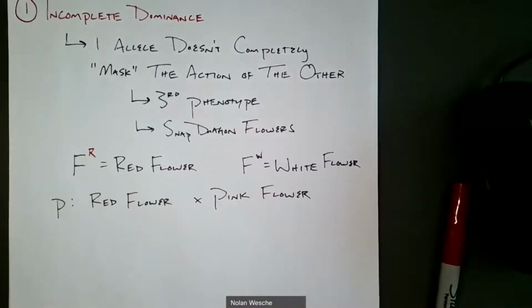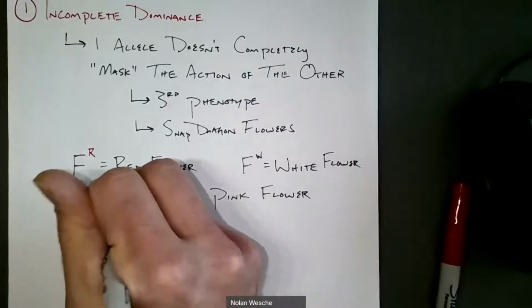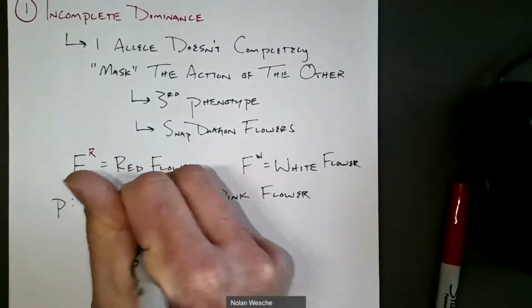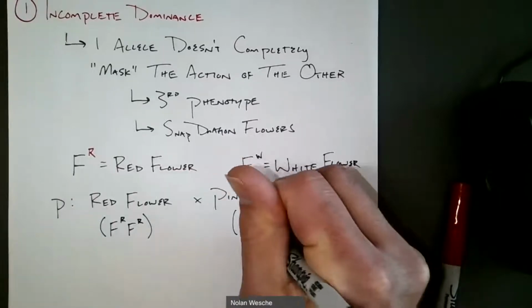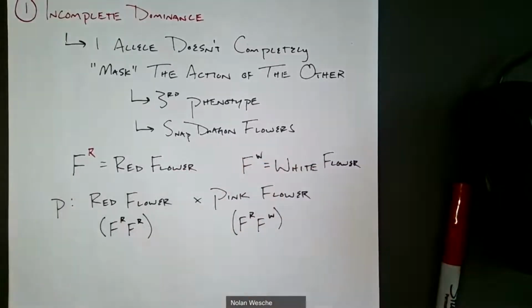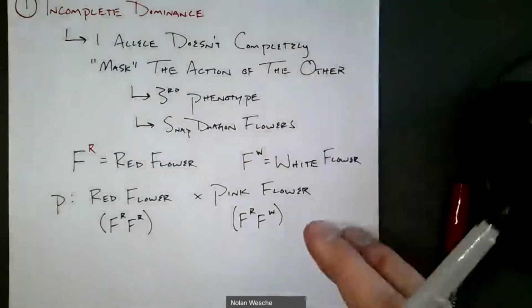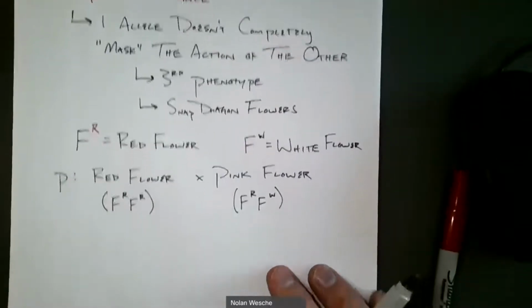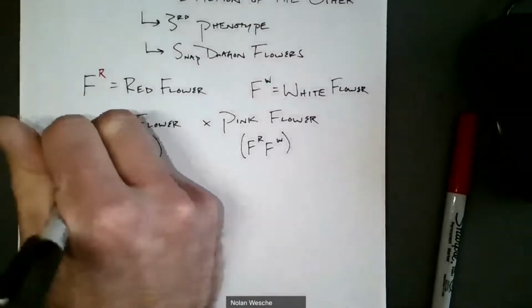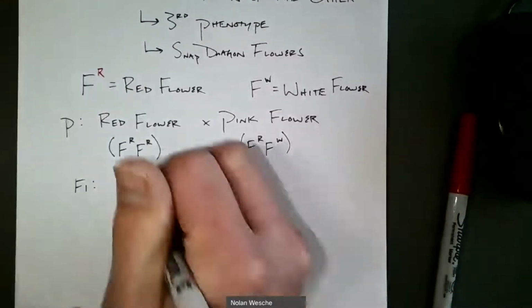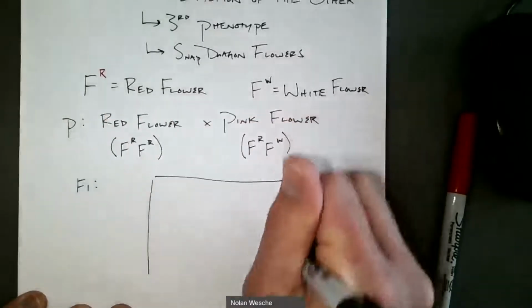If we look at our genotypes, the red flower is going to be F^R F^R, and the pink is going to be F^R F^W. So the two alleles for the red flower, and the pink is one red allele, one white allele. Now let's set up our F1. This is very similar to how we've worked this in the past: we set up our Punnett square, which is not any different.